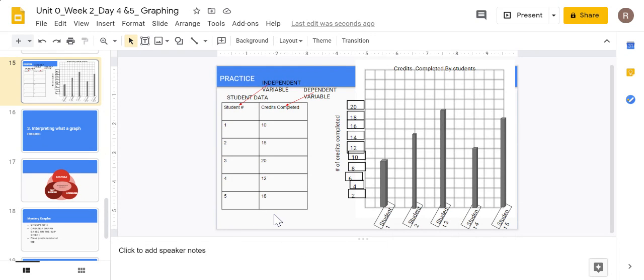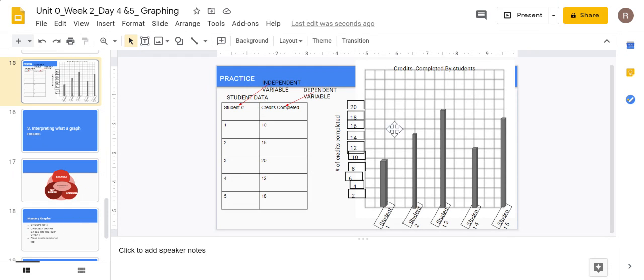And then we created a scale going by twos so that we could use the majority of the graph vertically. And then we skipped every 2 lines to put the student number all the way across using the entirety of the graph. And finally, we charted the values, starting on the x-axis and going up the y-axis.